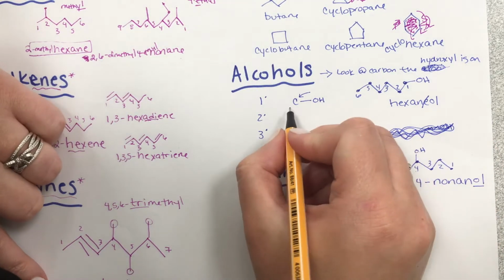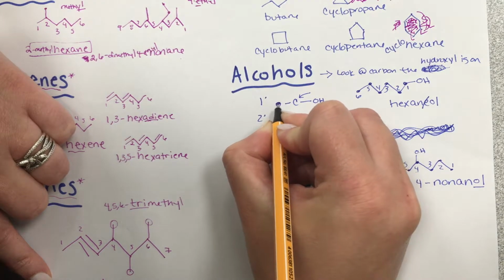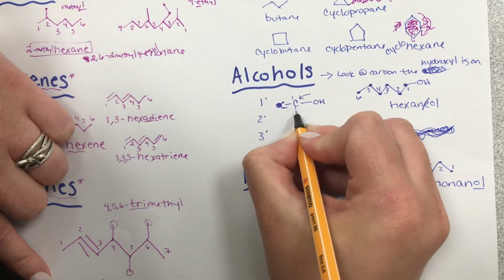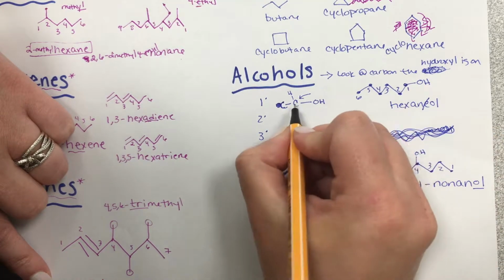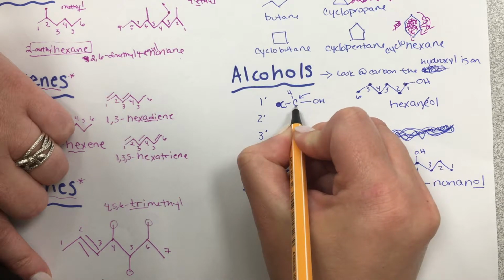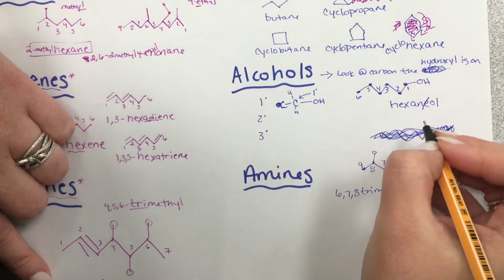If it's primary, it's either methanol or has only one carbon connected to it, okay? And then the other 2 hydrogens. So if the carbon that the hydroxyl group is connected to has 1 carbon on it or none, it's primary.